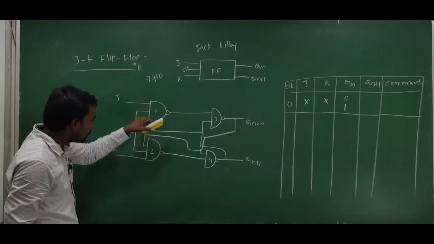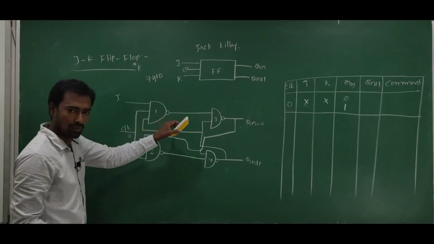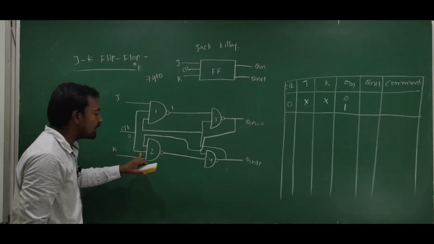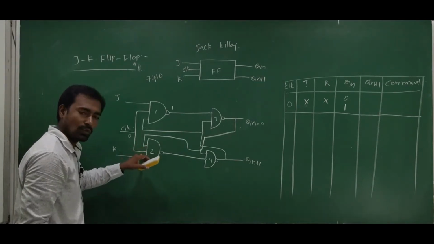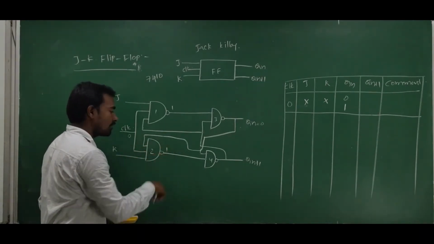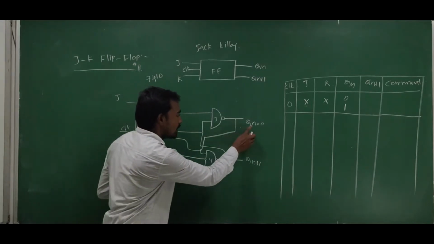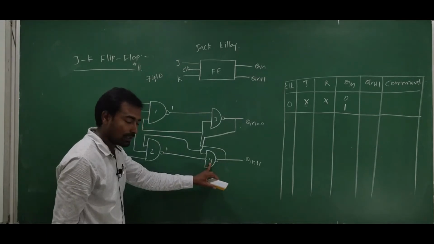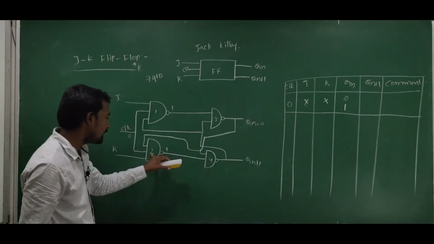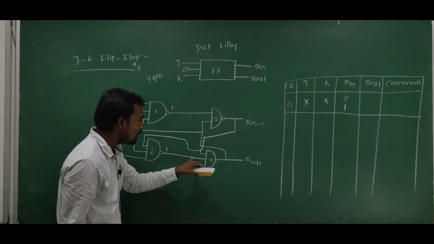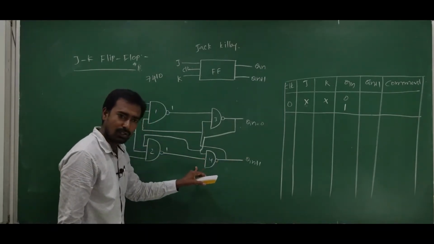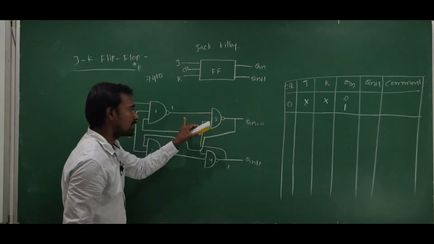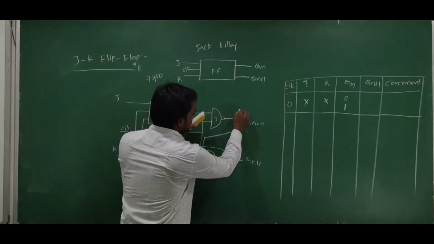Here 0 into anything is equal to 0, 0 complement is 1. And again for the second NAND gate, 0 into anything is equal to 0, 0 complement is 1 here. The Qn is equal to 0, and that 0 is connected to the fourth NAND gate, and the second NAND gate output is equal to 1 here. 0 cross 1 is equal to 0, complement is 1, and 1 cross 1 equal to 1, 1 complement 0.